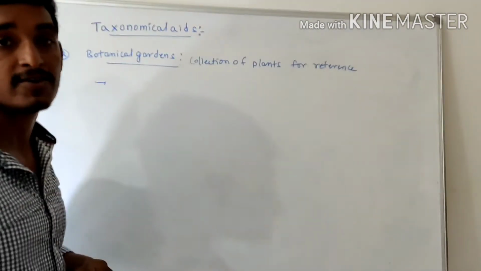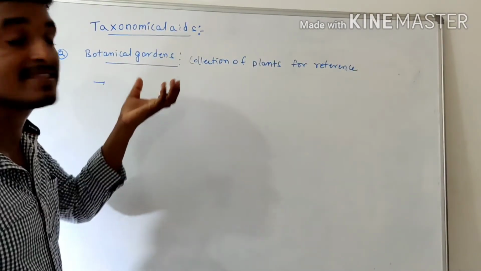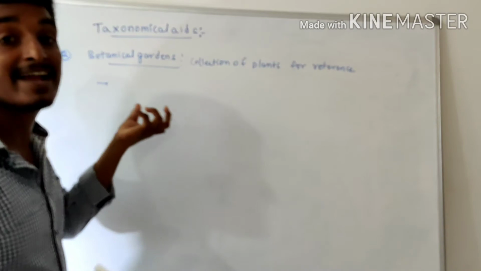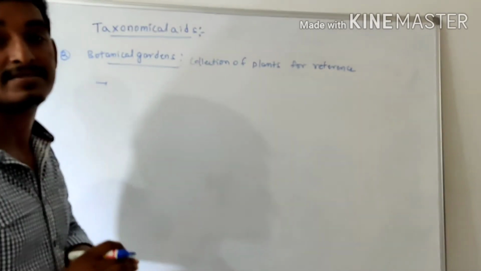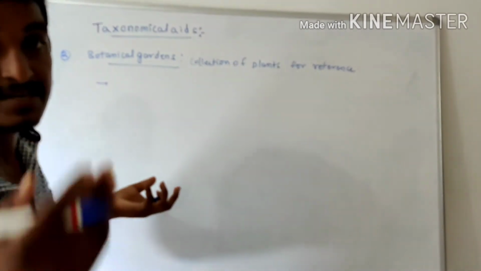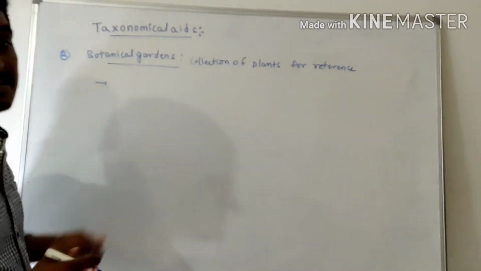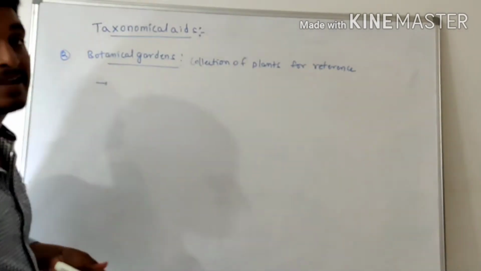Each plant in the botanical garden has details like the plant name, scientific name, scientist name and family name.